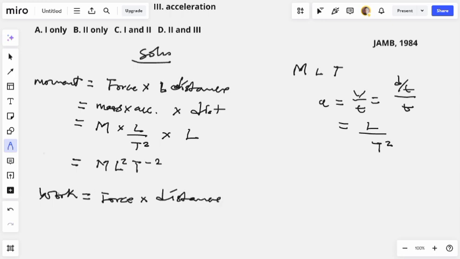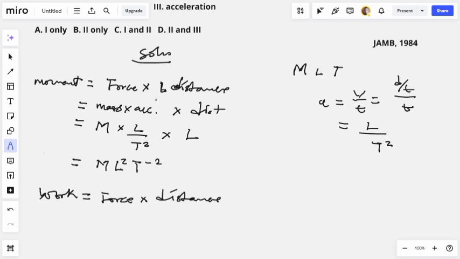So you see that work has almost the same definition as moment. The only difference is that in moment you are talking about perpendicular distance, that's distance that is at 90 degrees from the line of action. But when you say work, what we are considering is the product of force and distance, whether it's perpendicular or not. So that's the only difference between moment and work.